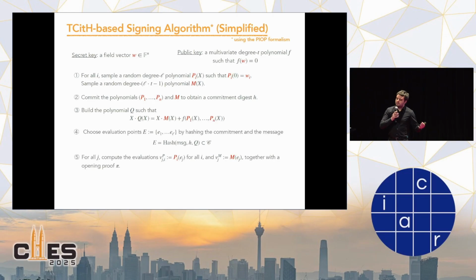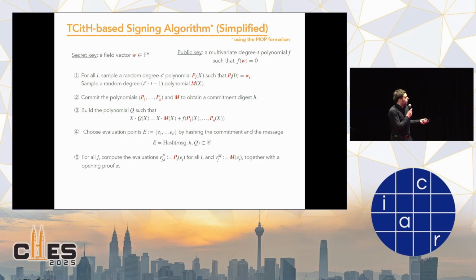Finally, since MPC TC schemes are built from identification schemes to which we apply the Fiat-Shamir transformation, we need to compute the Fiat-Shamir challenge simply by hashing the message we want to sign, Q and H. And the challenge will be some set of evaluation points.